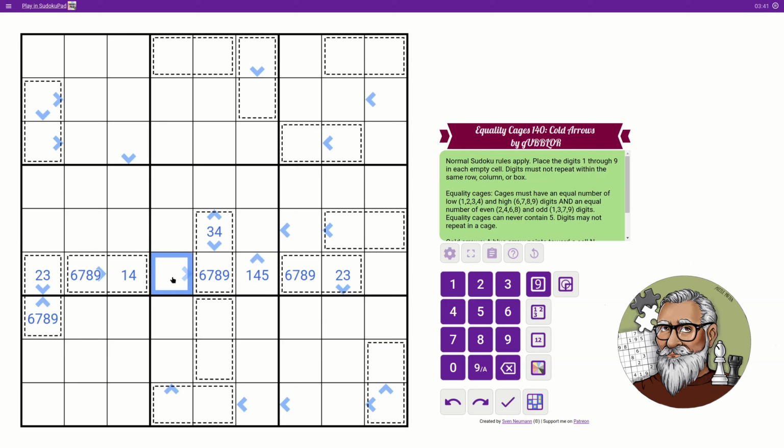Oh, actually, this one as well is from 1, 4, 5, isn't it? Because it's a maximum of 5. Okay. So there's definitely a 5 here, and this has to be 6, 7, 8, 9 to finish the row. This couldn't be 6, and this couldn't be 6, if I'm not mistaken. Okay.